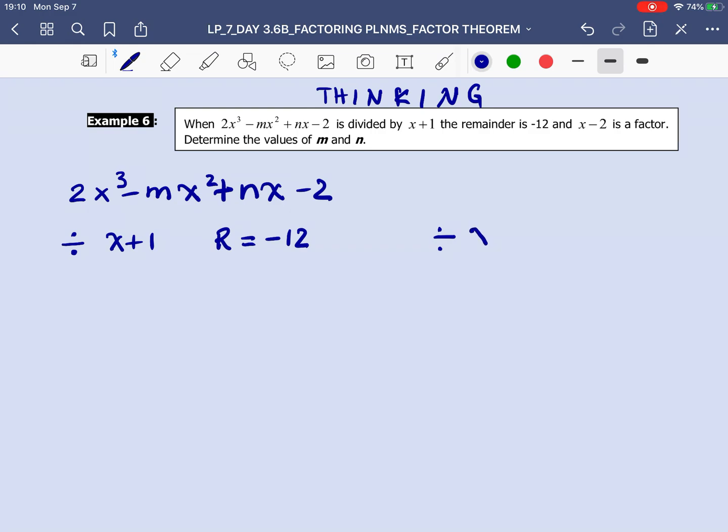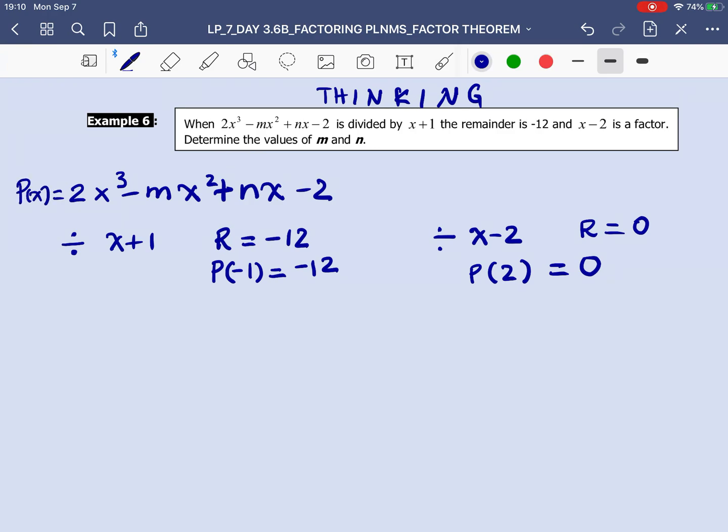And when divided by x minus 2, it says that x minus 2 is a factor, so the remainder must be 0. Knowing that the remainder is equal to the value of the polynomial at b, the value of this function at negative 1 is negative 12, and the same function at 2 has a value of 0.